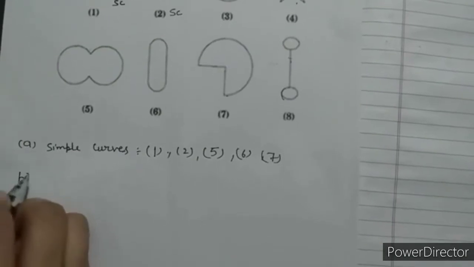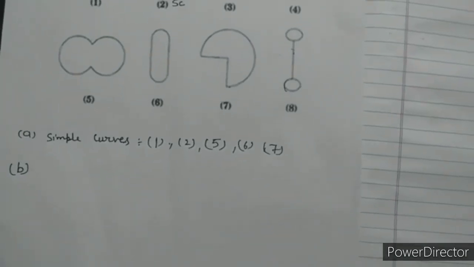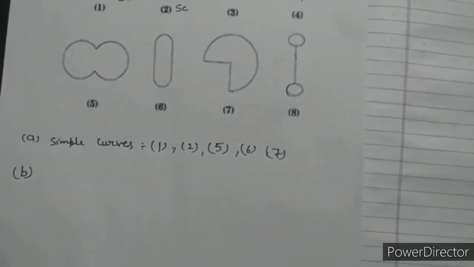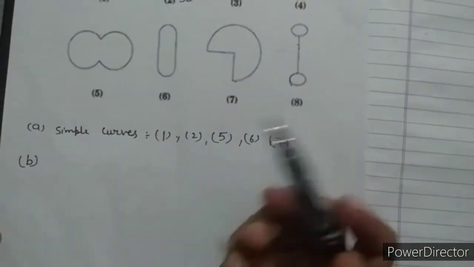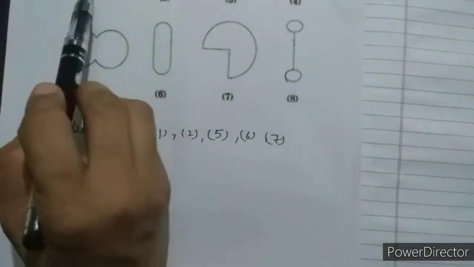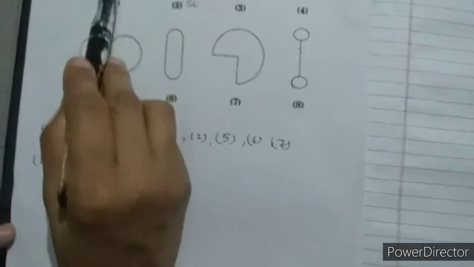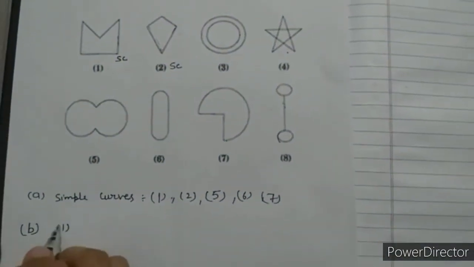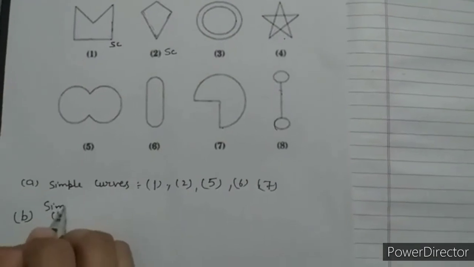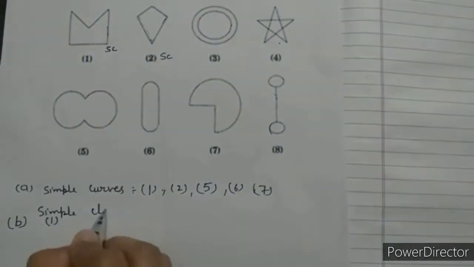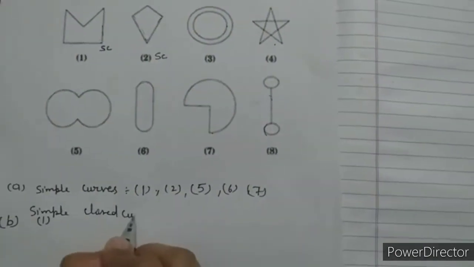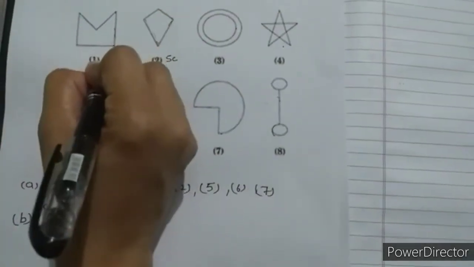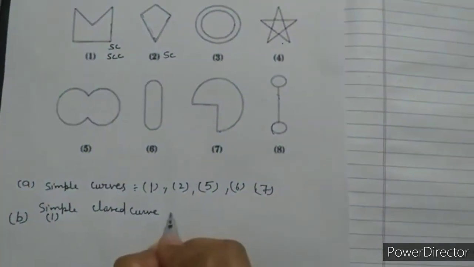Now part B, simple closed curve. If any curve is a simple curve, and you see this curve is a closed curve, then it is a simple closed curve. So figure number 1 is a simple closed curve.